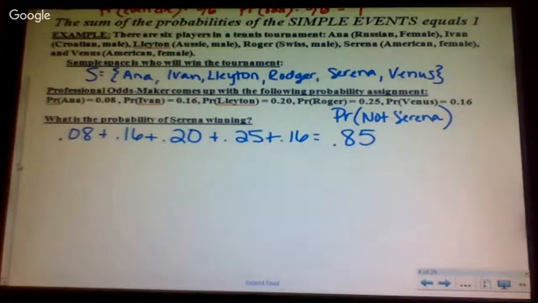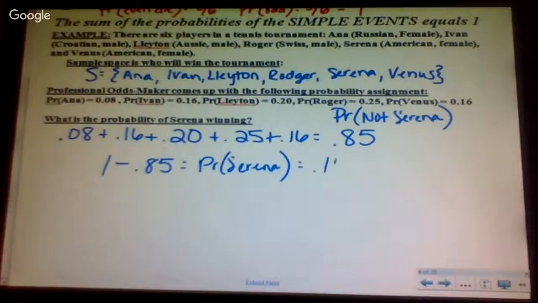So if that's the probability of not Serena, and the entire probability is 1, we subtract, and this becomes the probability of Serena. 0.15. So Serena actually isn't going to win if you go by the probability.